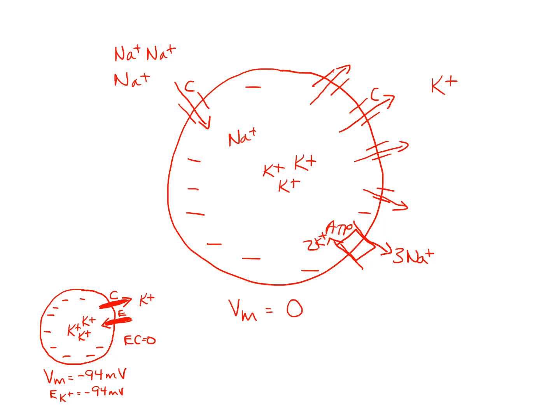And as all those positive potassiums leave, well, those negative charges start to show up because those positives aren't there anymore to cancel them out. So our membrane potential is no longer 0. And we end up eventually getting to minus 70 millivolts, our resting membrane potential.